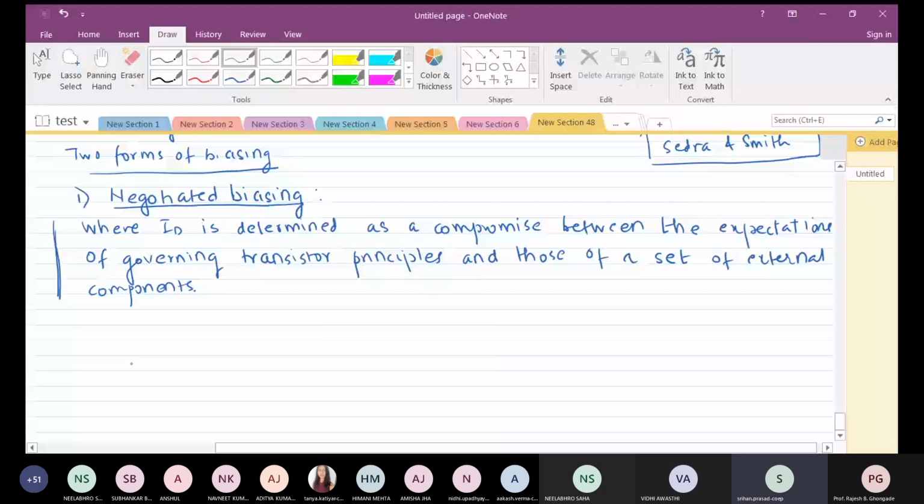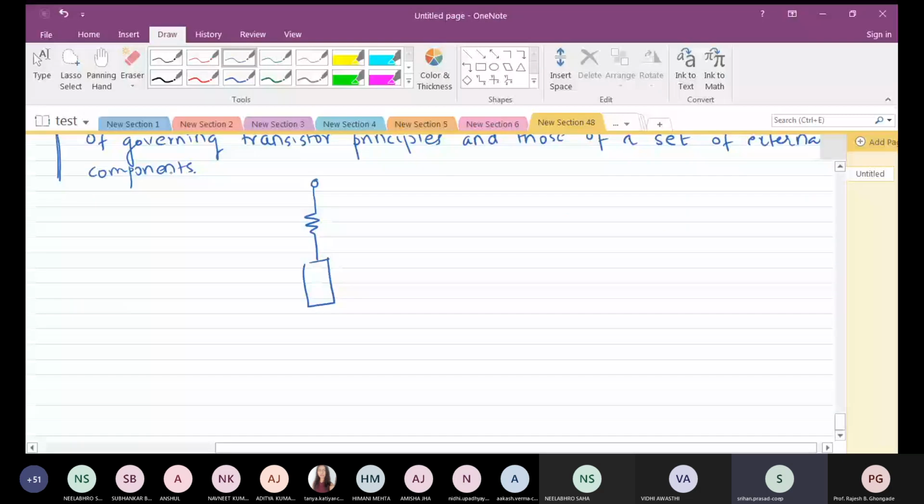Of course, this will be reminiscent of the voltage divider bias. So I am just trying to tell you how we go about this kind of bias.